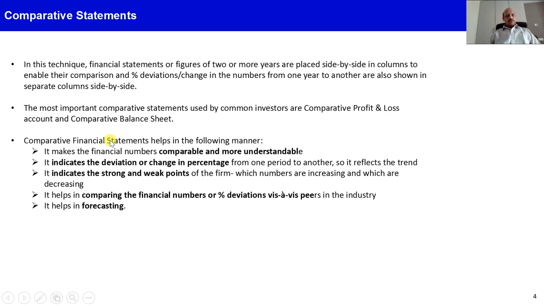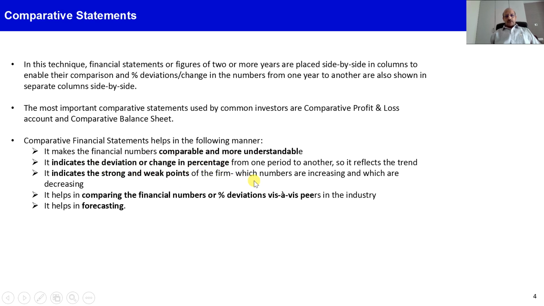And how do these comparative statements benefit the investors or the companies? They help in making the financial numbers more comparable and more understandable, because absolute numbers have no meaning unless you get to know the change or deviation with respect to the previous year, how much they have increased or decreased over the years. And the percentage will indicate what are the weak points and strong points of the firm.